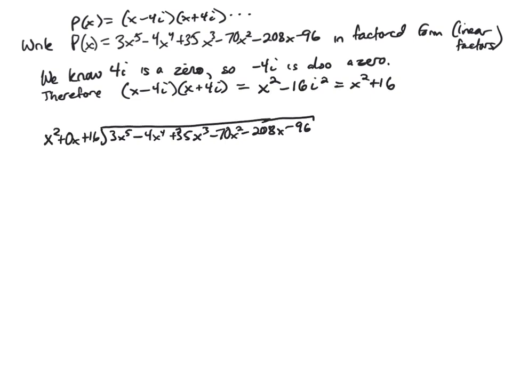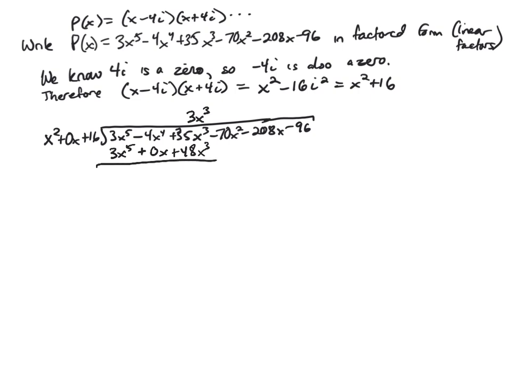And now I'm just going to go through the polynomial long division. So in order to get my first term, I'm going to multiply by 3x cubed, which will be 3x to the 5th, and then plus 0x, and then plus 48x cubed.